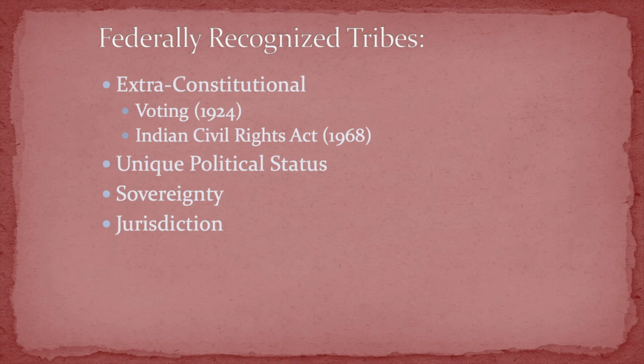So it's additional. While I, as an individual, have constitutional rights as a U.S. citizen, with my status as a tribal member, I did not have those same types of rights in dealing with my tribe in tribal jurisdiction.